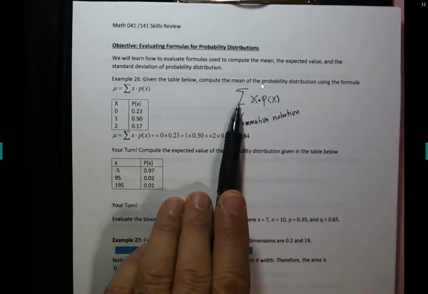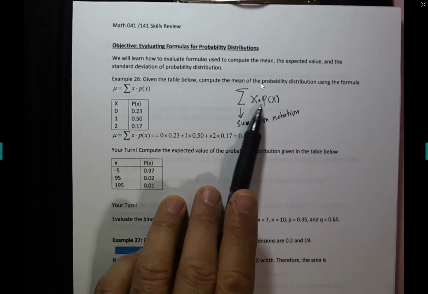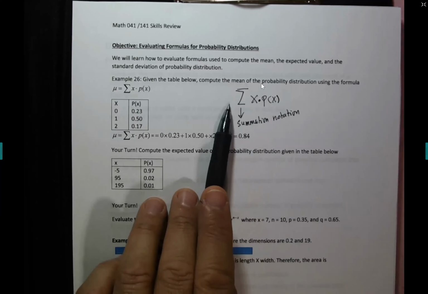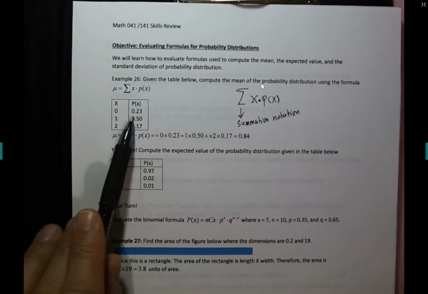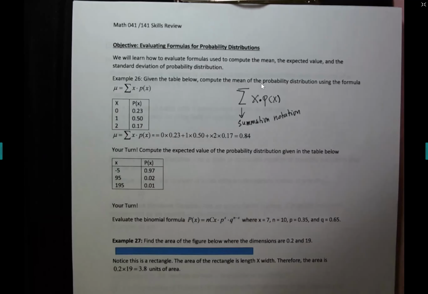What does it mean by sum of x times P of x? It means add all of the x times P of x. You multiply the x by P of x and then add them up. For example, guys, if I give you this table and I ask you to find this formula, look what you do.